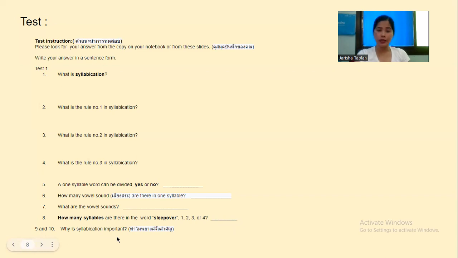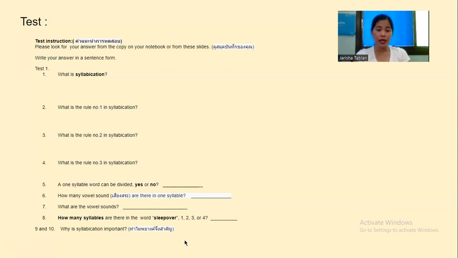Why is syllabication important? Okay? All right, so why is syllabication important?